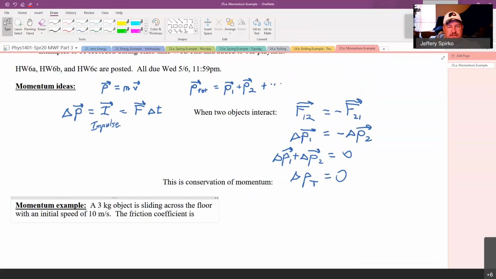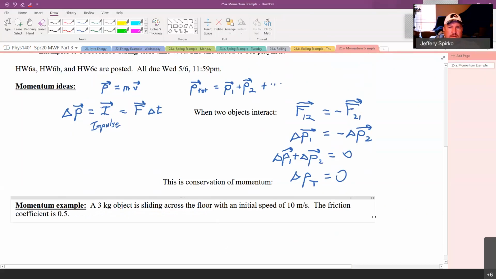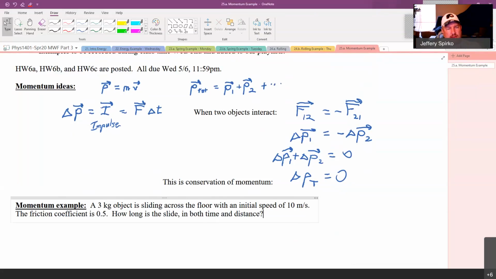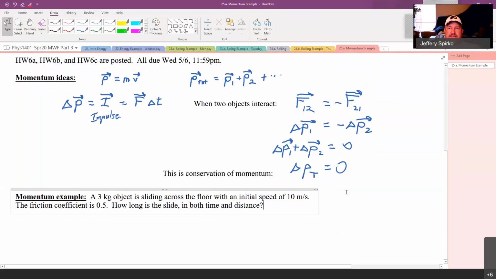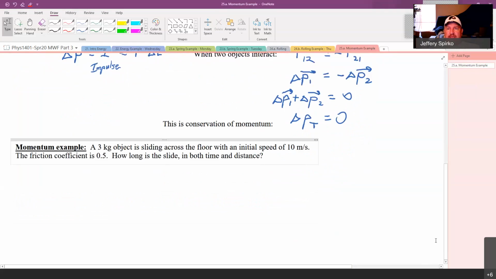And the friction coefficient is 0.5. I want to know how long the slide is in both time and in distance.